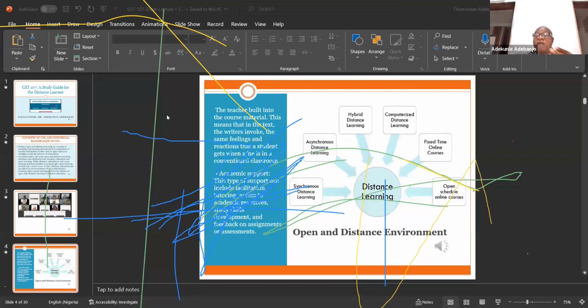To say, okay, and that is why it's eight weeks. It's supposed to be 13 weeks of lectures, as in a normal conventional university. But they will have given you some weeks ahead, 4 or 5 weeks, before the commencement of this facilitation, that you have gone through the books, the course materials.